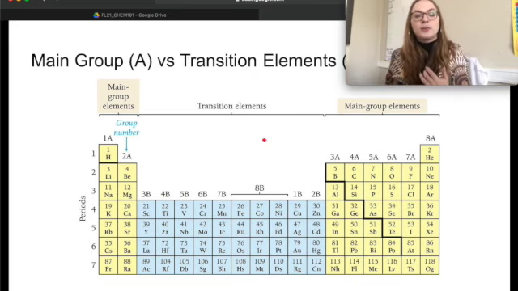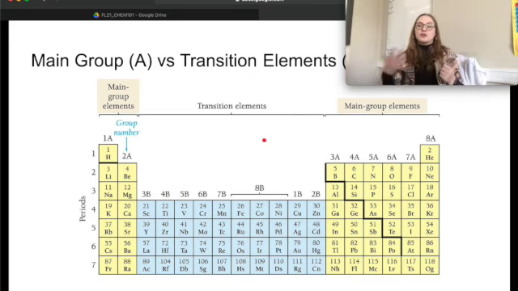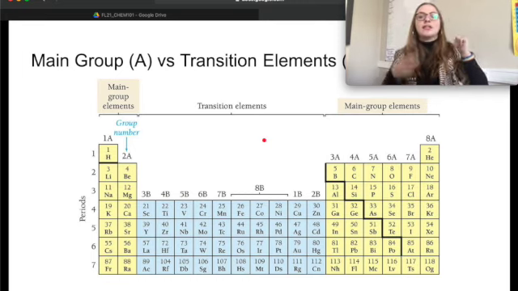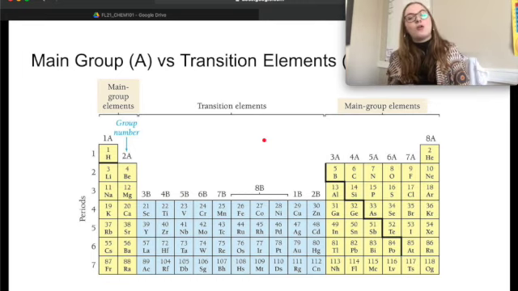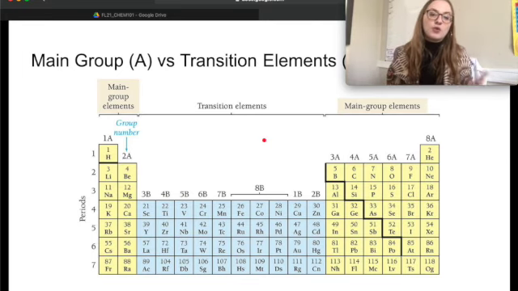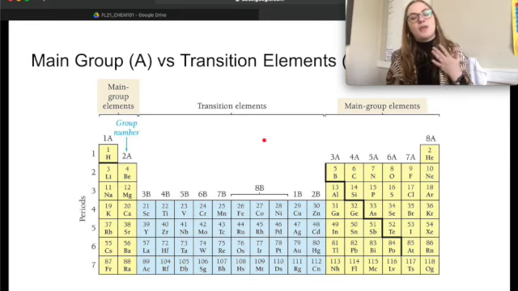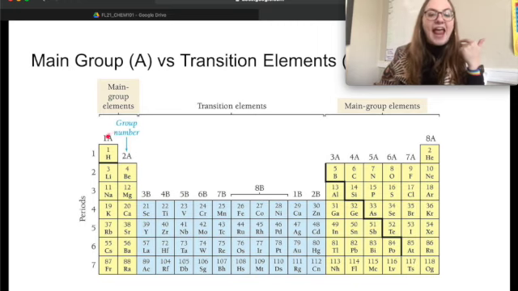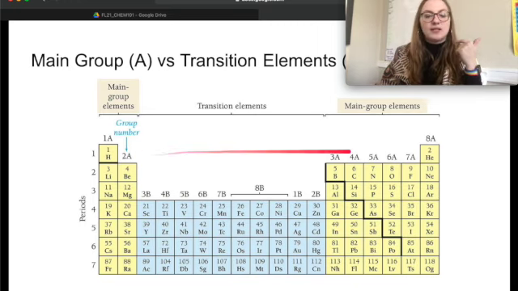We could talk a little bit too about main group versus transition elements. So we can talk about the type of element and we can also talk about this main group versus transition space. So a main group element is an element that has the letter A at the end of its group number. So lots of periodic tables will label them like this with A's and B's.